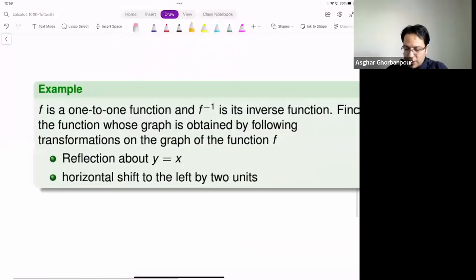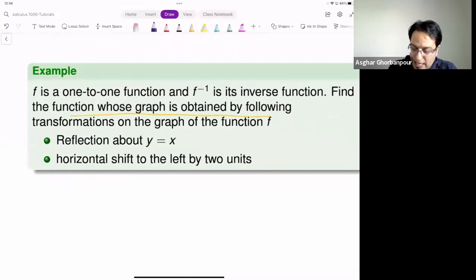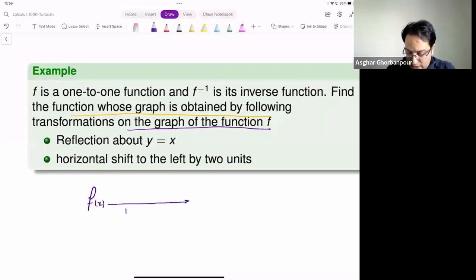A very quick question here. I will answer this one. So you have a function f, it's 1-to-1. Now we are trying to find the function whose graph is obtained from the graph of f by doing the following operation. We start with function f, and then we have a reflection about y equals x.